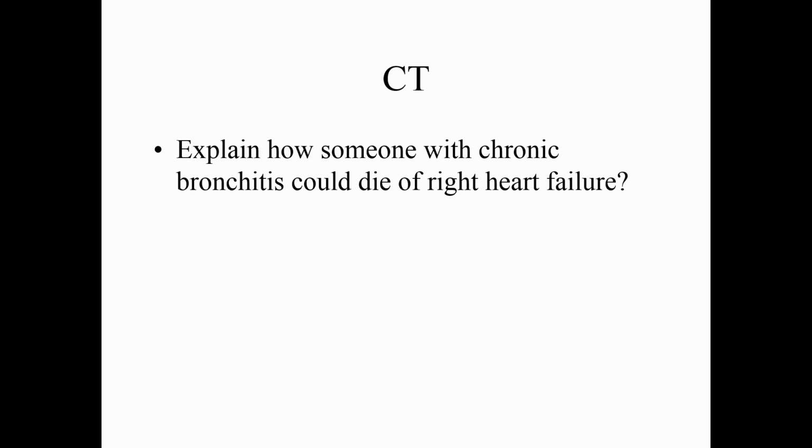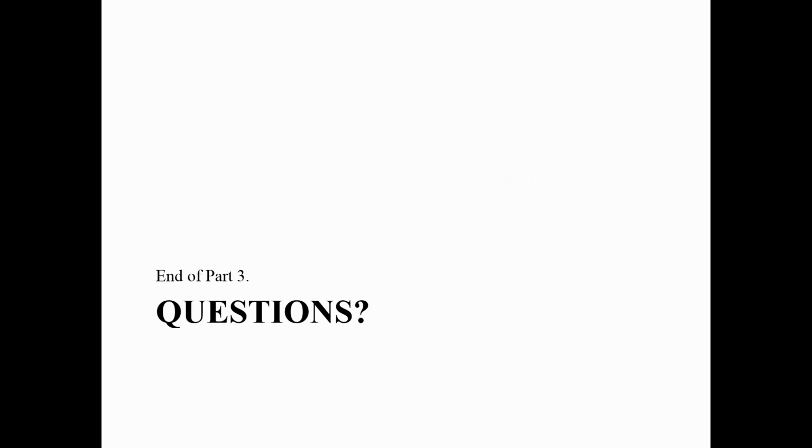And you get hypoxic vasoconstriction. That hypoxic vasoconstriction is all over the lungs. That increases the work of the right heart, and then the right heart fails. That is a very common progression, a pathway of pathophysiology that I hope everyone understands very well at the end of this session.